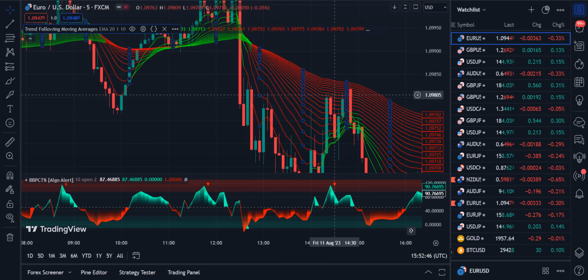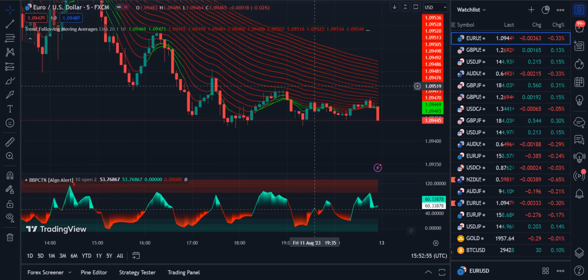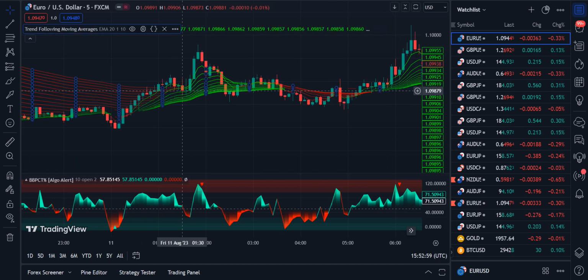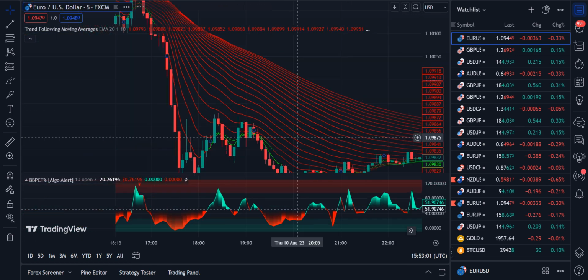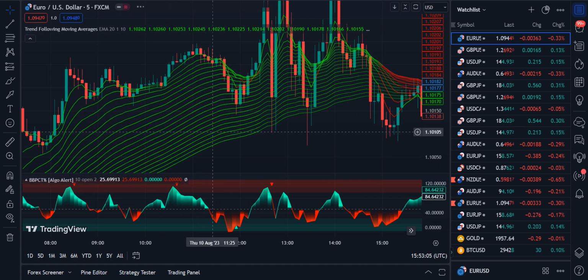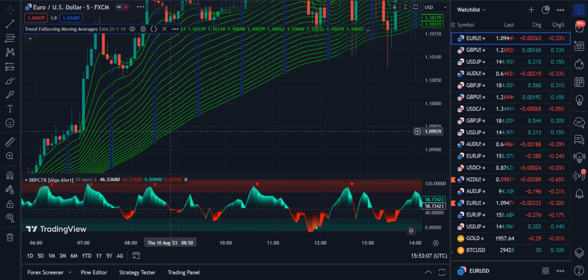If all your moving averages are red, it means you have to take the sell trade. And when your market is among all the green color lines, which is not the case right now, but I can show you where it is, for example here, then you have to move towards this side and take the uptrend.